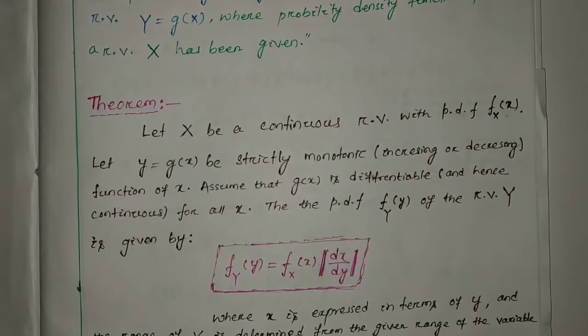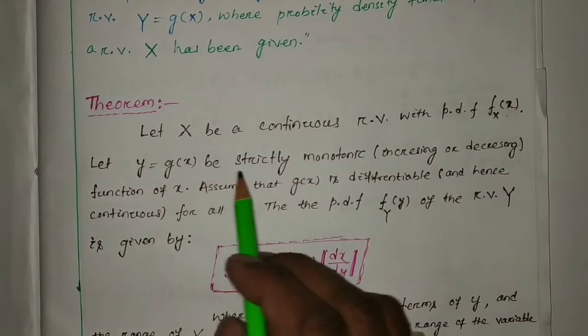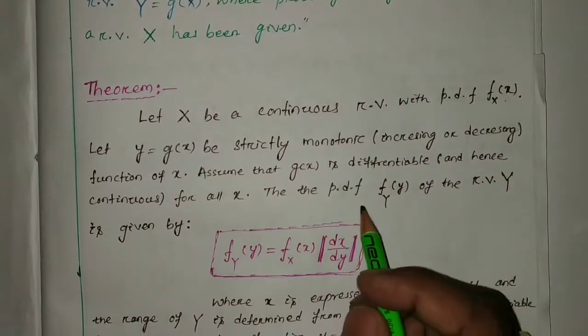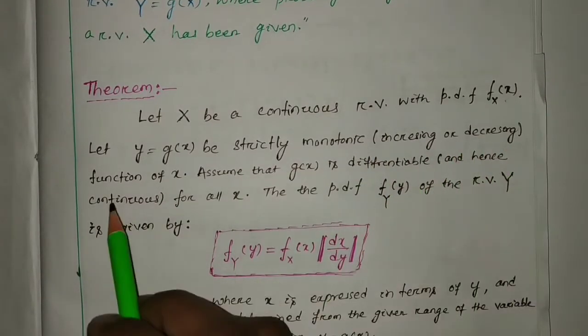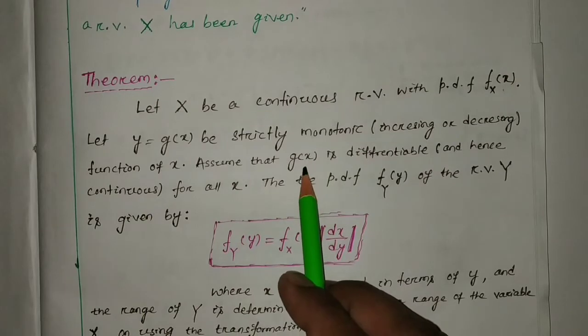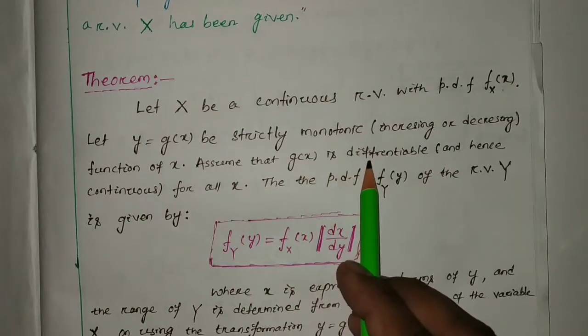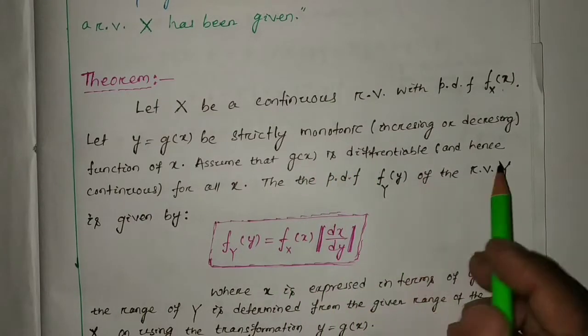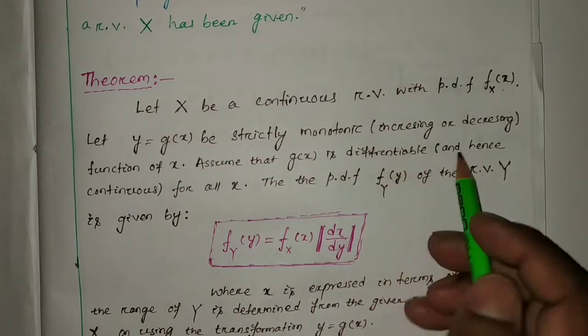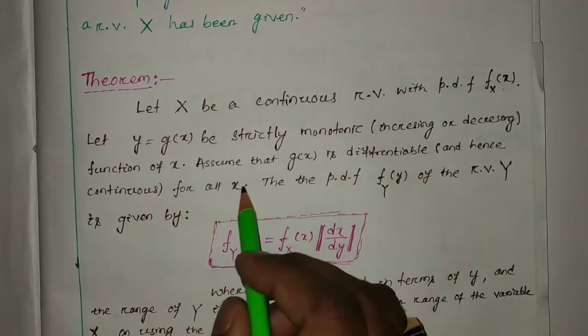So here y equal to g(x) is strictly monotonic, where you consider either an increasing or decreasing function of x, and g(x) is differentiable everywhere, and hence if it is differentiable, obviously it will be continuous for all x.